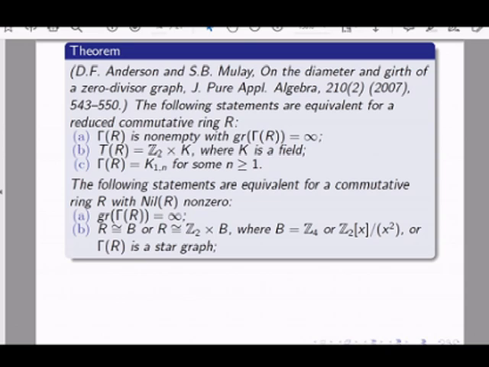The girth of the zero divisor graph is infinity. It tells me again about the structure of the total quotient ring. And the same thing for non-reduced: when the nil of R, the set of all nilpotent elements, is non-zero, then I know how the ring looks.